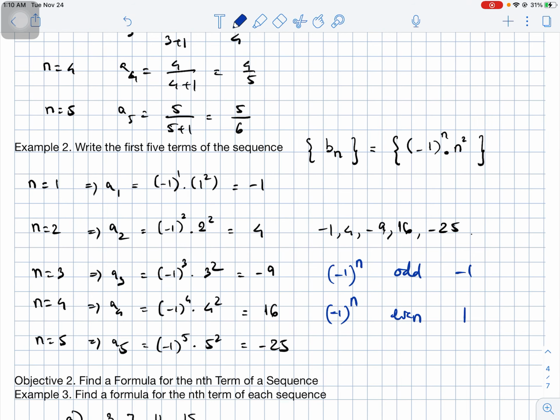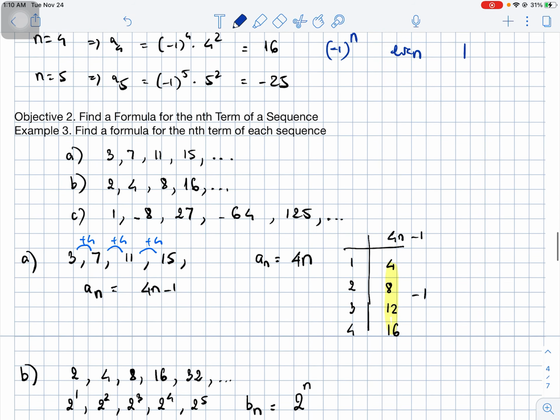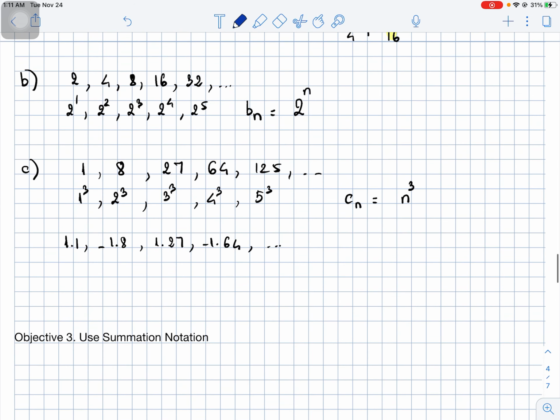Okay, now look at our problem. The positive goes first, so we have +1. So we think about (-1) to the n from the example before. Then we have n equals 1, n equals 2. You get the answer -1 first, and then +1 after that. Then n equals 3, then -1.